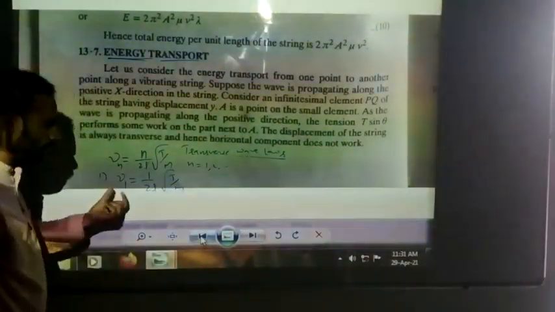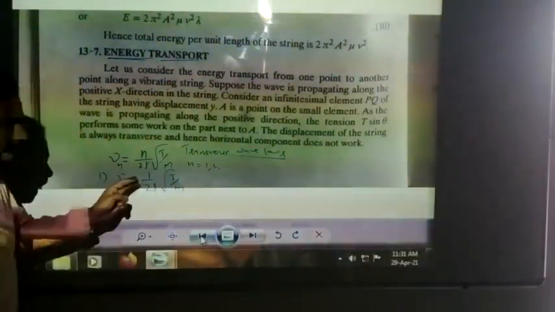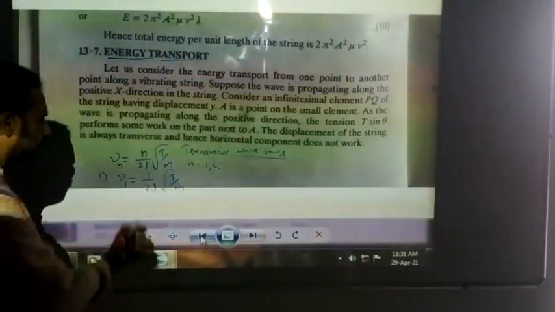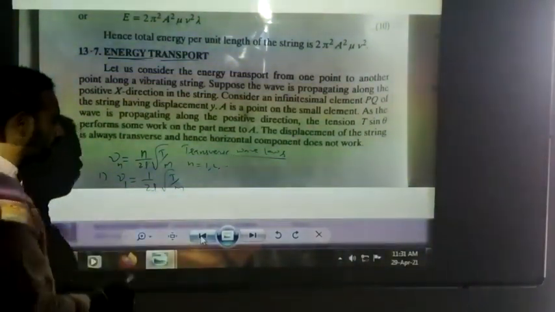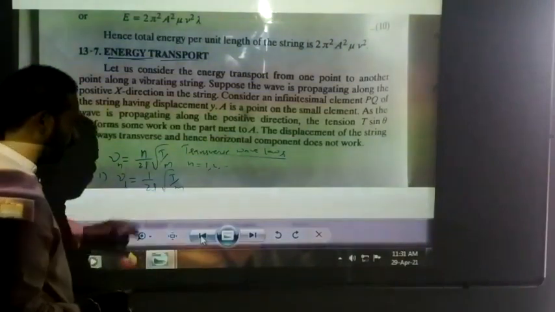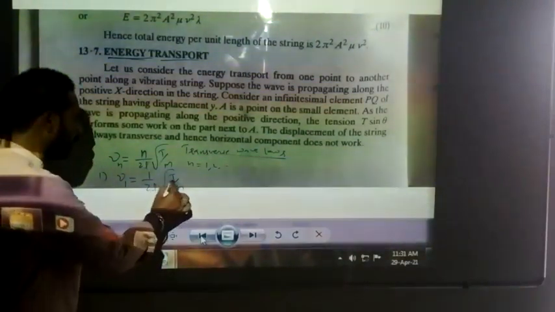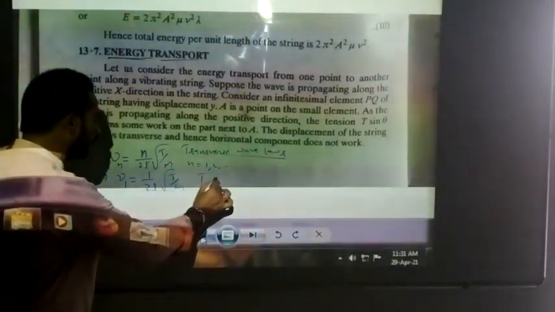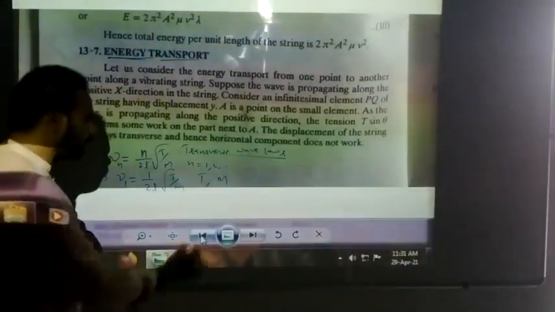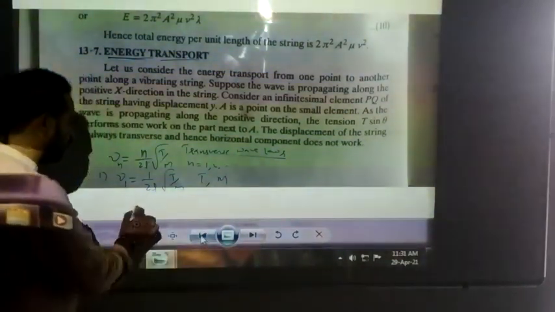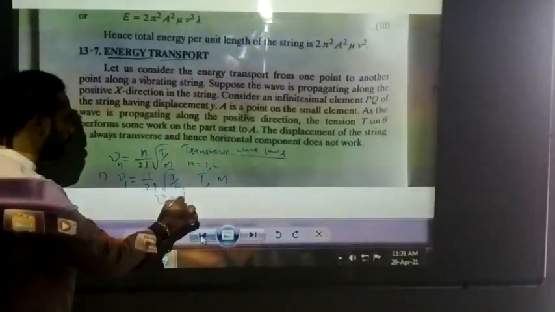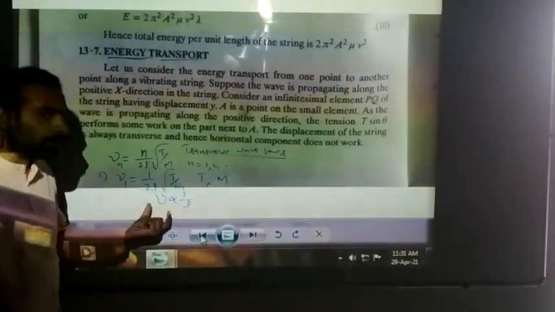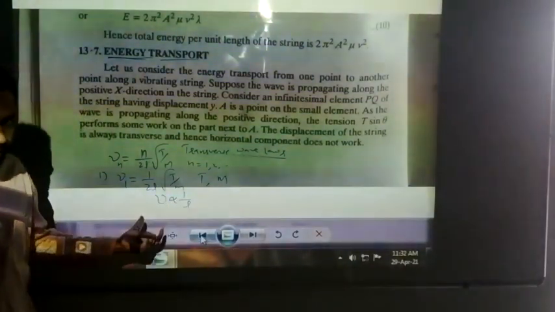So nu 1 is equal to 1 by 2l under root T by m. This is the fundamental frequency. The first law says that when tension and linear density, that is mass per unit length, are constant, then the frequency is inversely proportional to length.